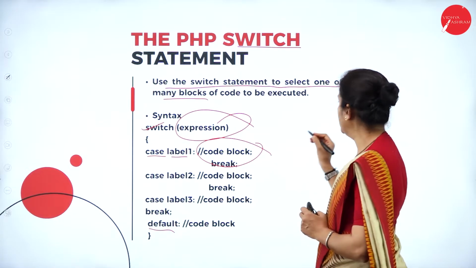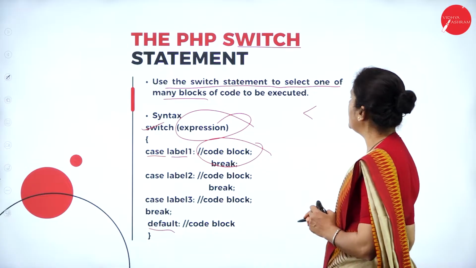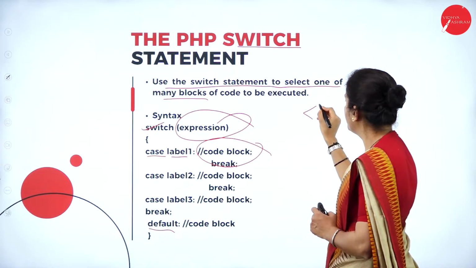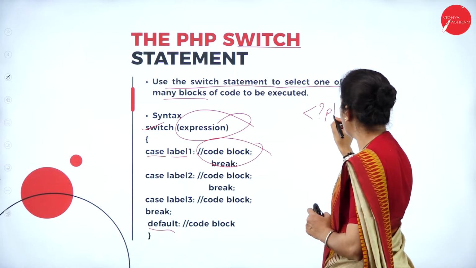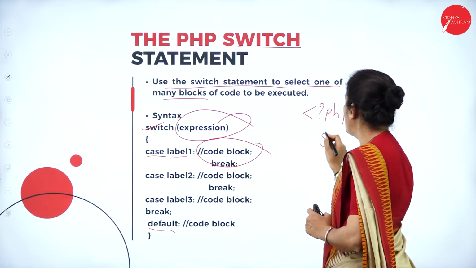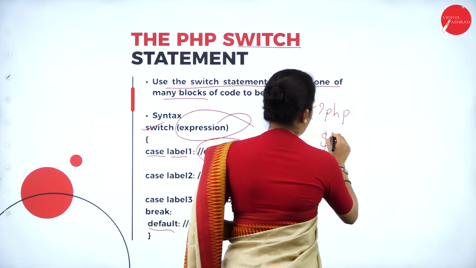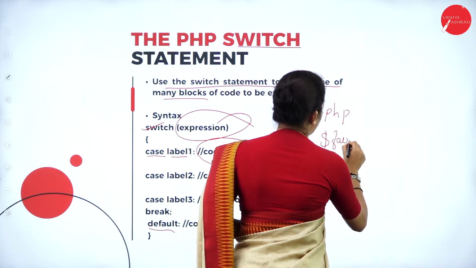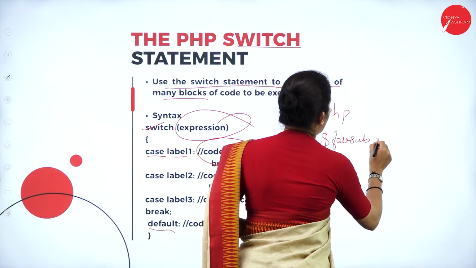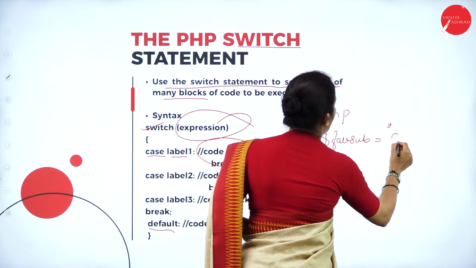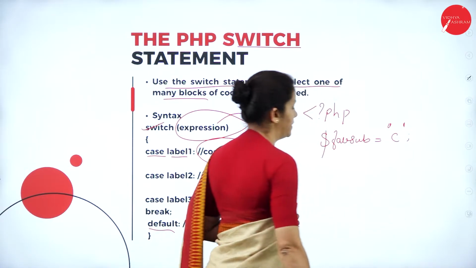Okay, let's write the PHP scripting. How to write? It is question mark PHP. So I'll take one variable called favorite subject, so I'll take fav sub, and I'm assigning the subject name C. Okay, fine.